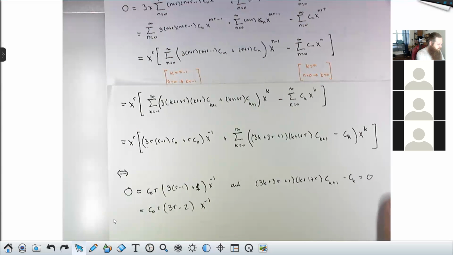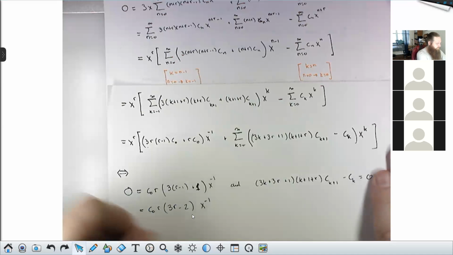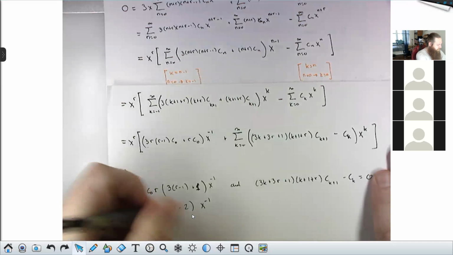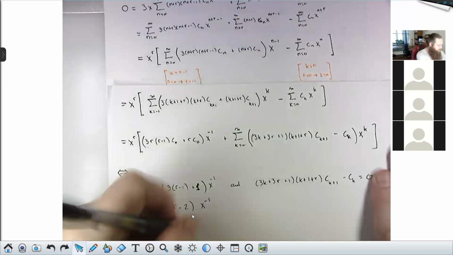So there's a few possibilities. Looking at the expression on the left here, C naught could be 0. That's possible. R could be 0, or 3r minus 2 could be 0. So from this, I get C naught equals 0, r equals 0, or 3r minus 2 equals 0, which would mean r is 2/3.